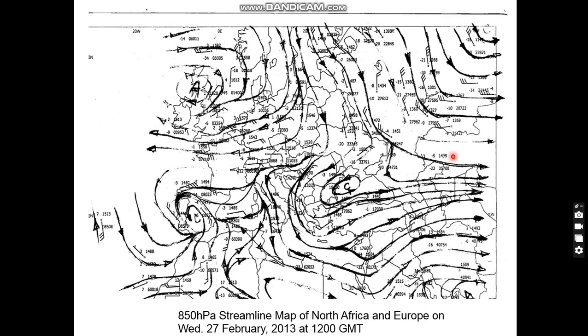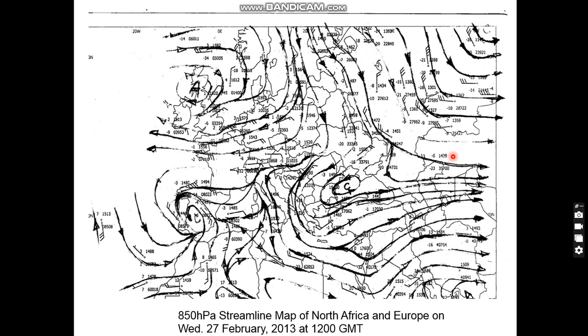Now, this is the cropped map for North Africa and Europe on the 27th February 2013 at 12 GMT, where we have carried out streamlines, and I'm guiding us on this already analyzed streamline analysis.